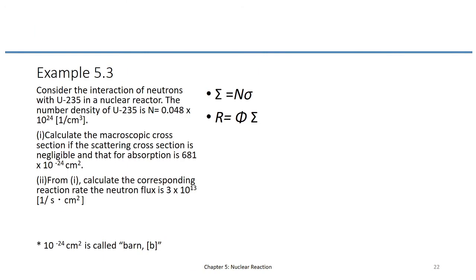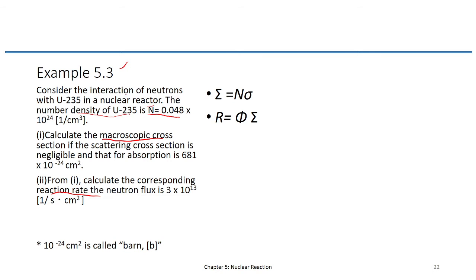This example will require us to calculate the macroscopic cross section and the reaction rate, given the number density of uranium-235.